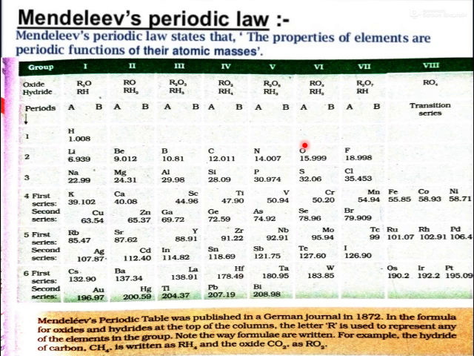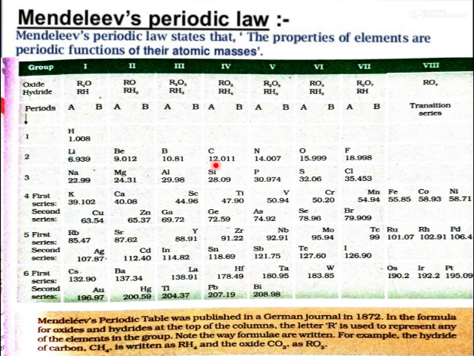There are 3 isotopes of oxygen, with mass numbers 16, 17 and 18. Can we place them at separate positions? No, we cannot.